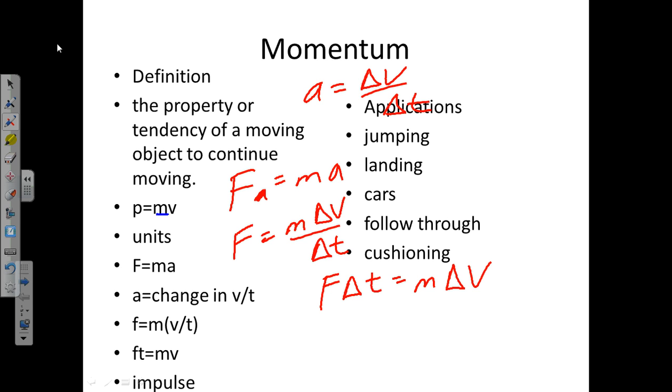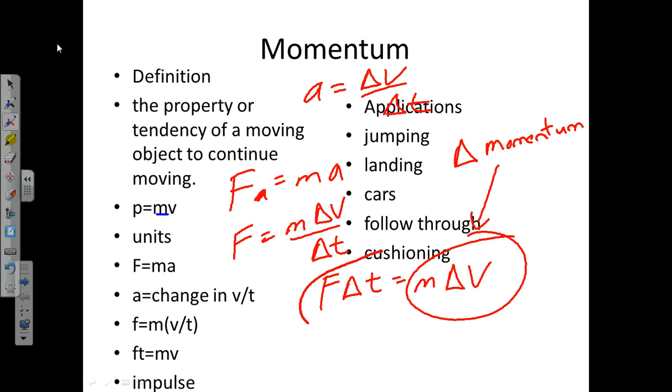Now I want you to notice, and this is a really important idea, it's one of the biggest ideas in the momentum chapter that we're going to be dealing with. Over here on the right, m times change in velocity. Well, mass times velocity is momentum. So we call this side change in momentum. Well, this side over here is causing that change in momentum. It's equal to it.